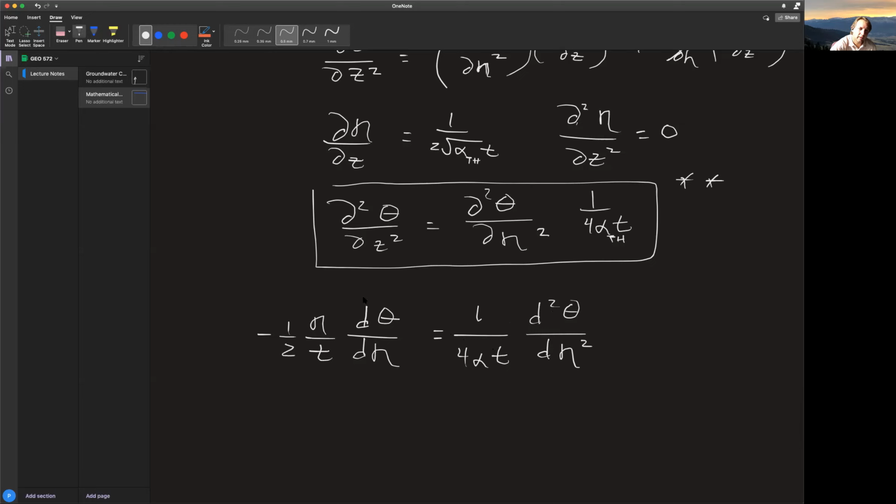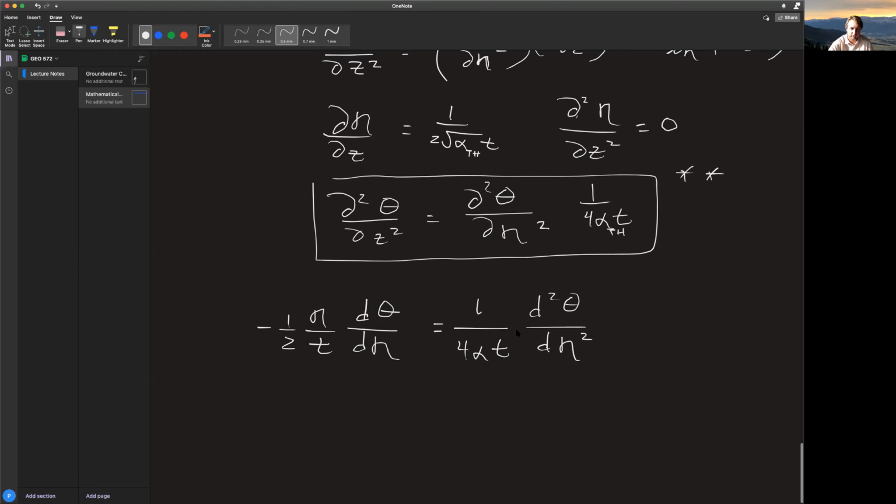Now, I did these with regular d's, and there's an important distinction between these two. All the derivatives are in terms of eta. So this is now an ordinary differential equation and much easier to solve than a partial differential equation.